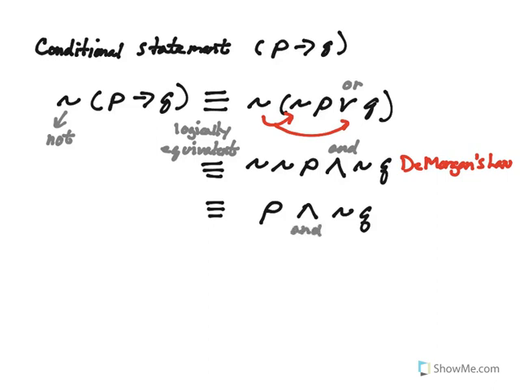It's so easy to lose track or forget to change the or to and, and vice versa. That's the only tricky part. This is just the proof that when you take a conditional statement and negate it, it's logically equivalent to other statements that are the same. That's what De Morgan's law is. It's just representing something a little differently. So we want to make sure that we understand that, but this is the end result right here.